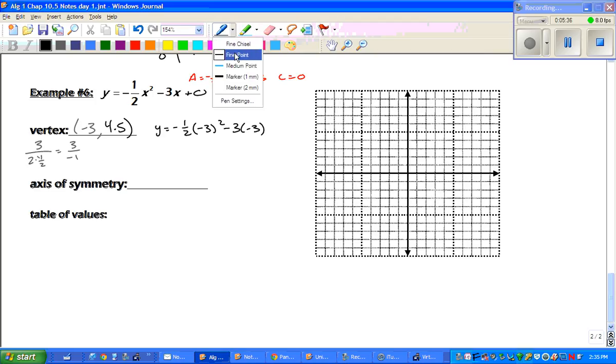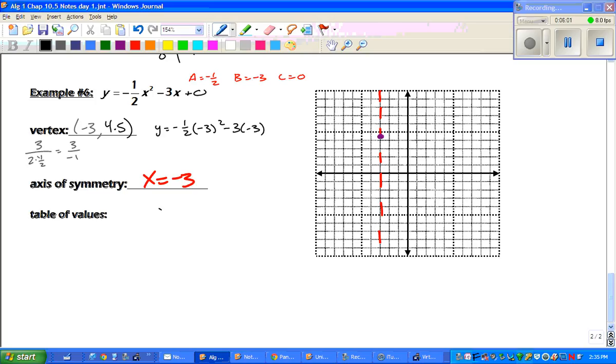Remember, don't get freaked out because it's a fraction, or a decimal: negative 3 and then positive 4.5. We know that this is x equals negative 3. I'm going to make my point nice over here.